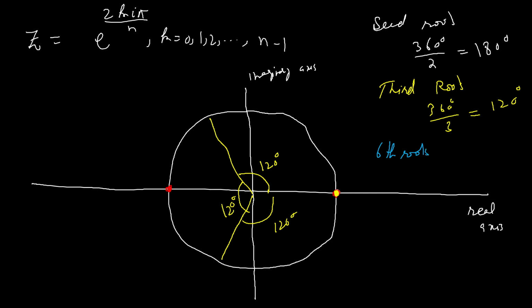Sixth roots of unity, then divide 360 degree by 6. This is equal to 60 degree.